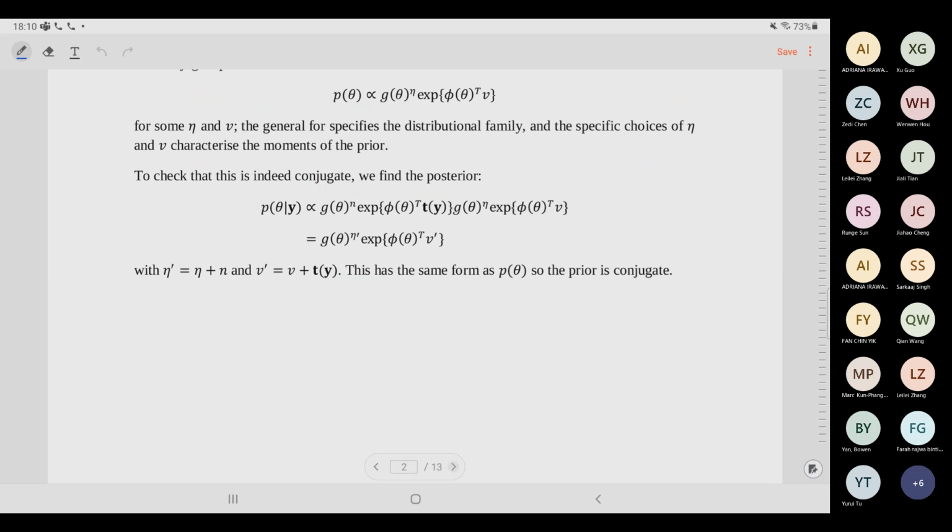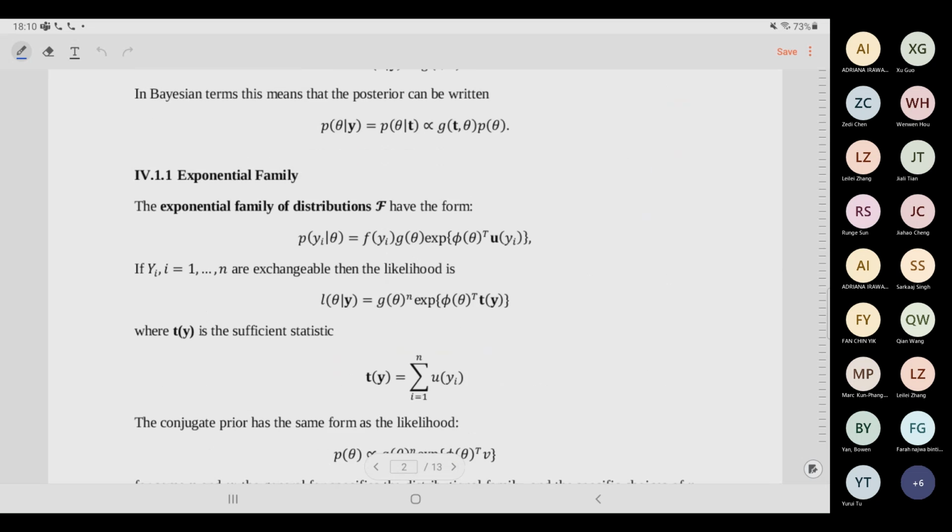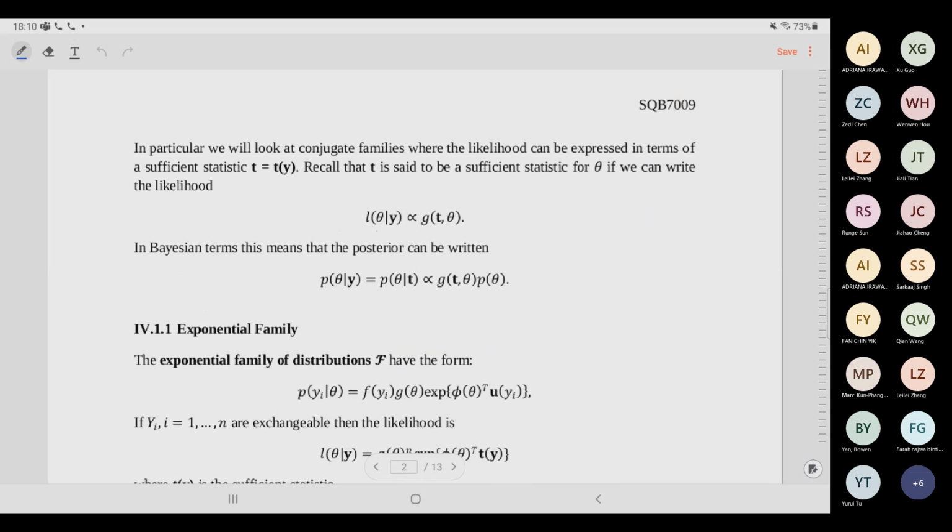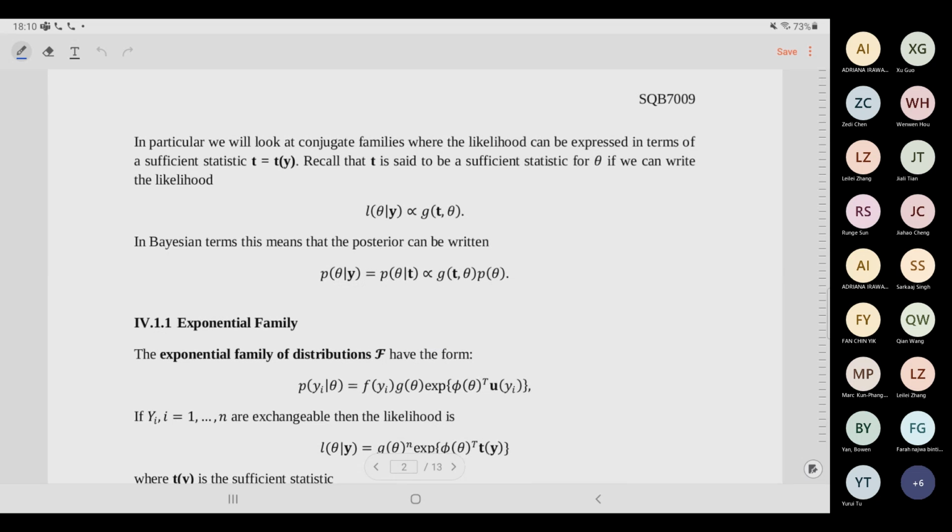Okay, so for our case, we are going to look at conjugate families where the likelihood can be expressed in terms of a sufficient statistic T. We recall that if you have a sufficient statistic, then we can write the likelihood in terms of a function.